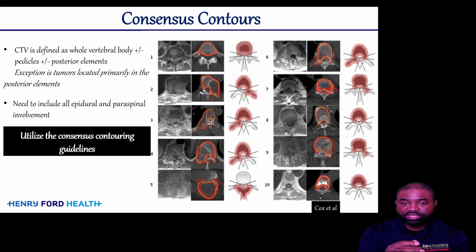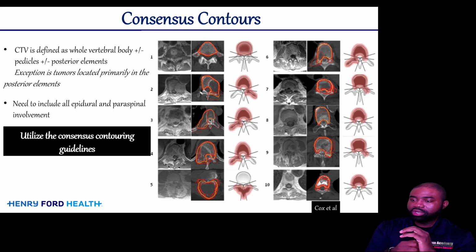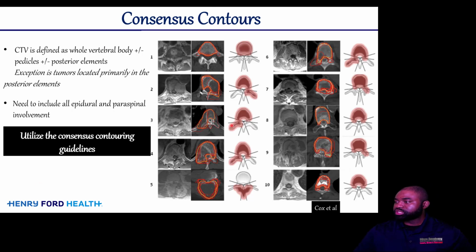Some centers, instead of contouring the cord, contour the thecal sac, which engulfs the cord and provides a little more flexibility to take care of setup errors. And so the consensus guidelines used in contouring the target are shown on the slide.